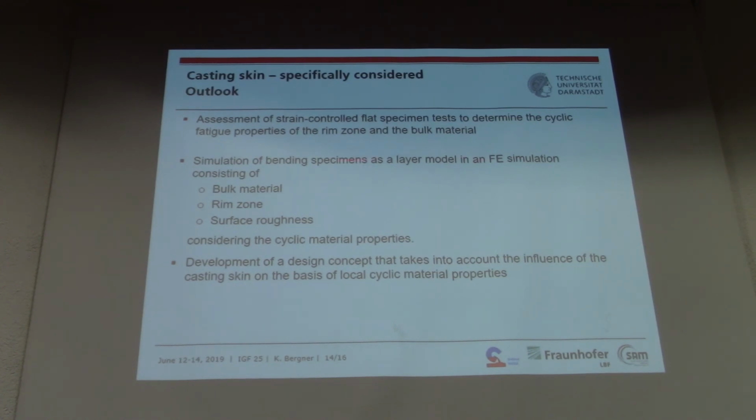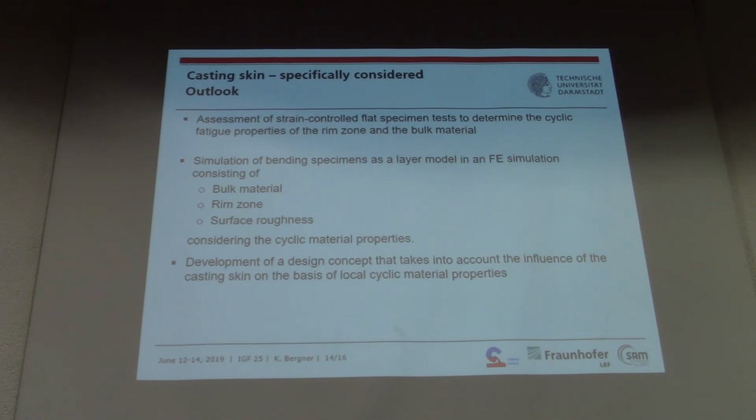And the next steps we need to do, we want to set up a numerical model including all this data from the bulk material, from the rim zone and the surface roughness. So we made roughness measurements, we have strength control fatigue data from the rim zone and also from the bulk material made on really, really thin specimens. And this will all then contribute to a numerical model and an assessment concept to make then a component lifetime assessment.